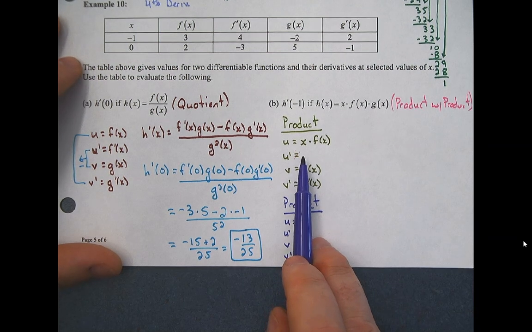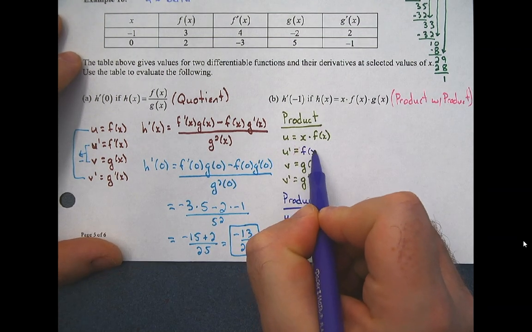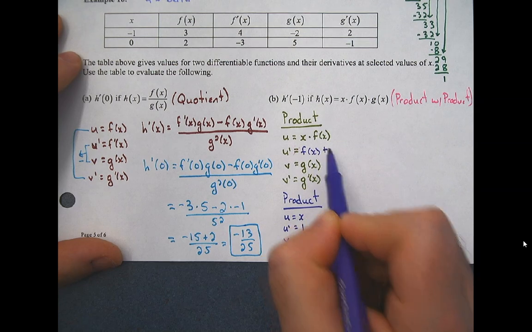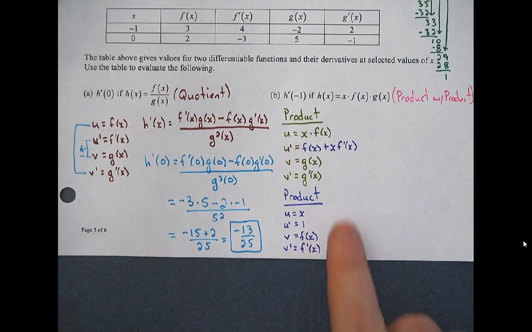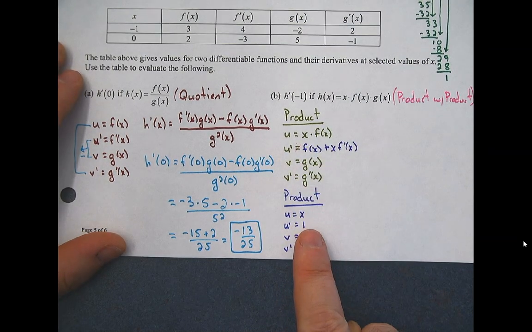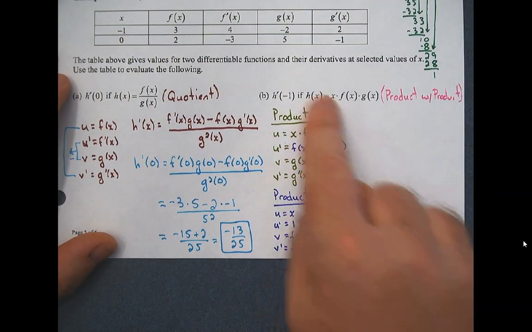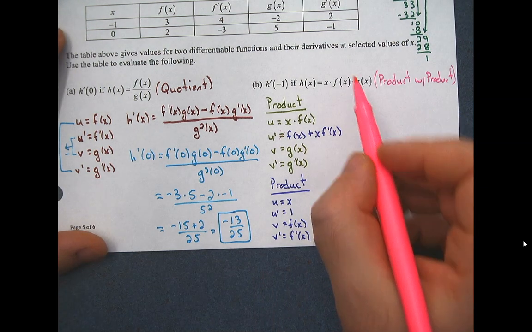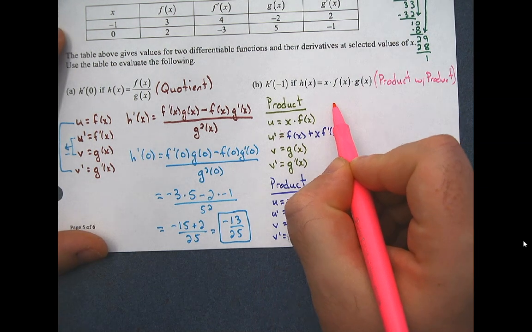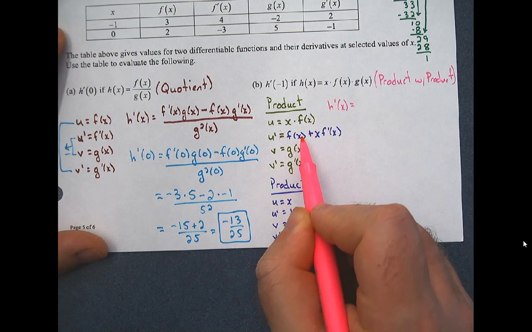Now I'm going to take this product and put its answer back up here into u prime. So that's u prime v, which would be f of x, plus uv prime. So that would be x f prime of x. So I had to make a product rule table. And now that I've got that product rule in here, I can now use this whole table to give me the actual derivative that I'm looking for. So h prime of x would be equal to u prime v.